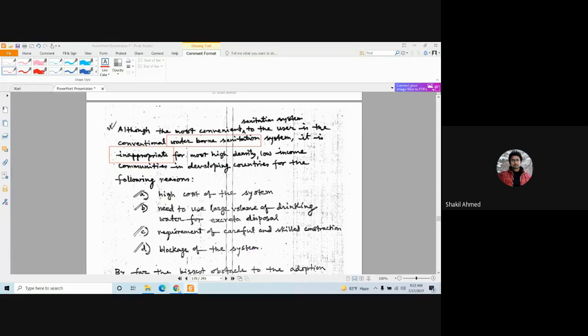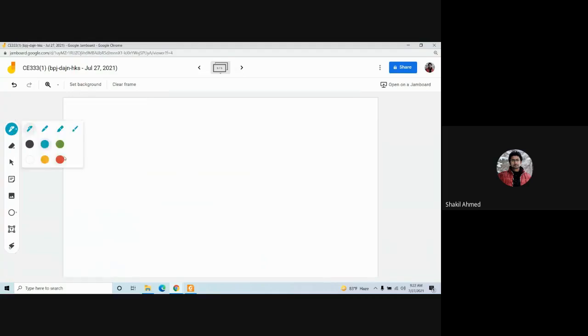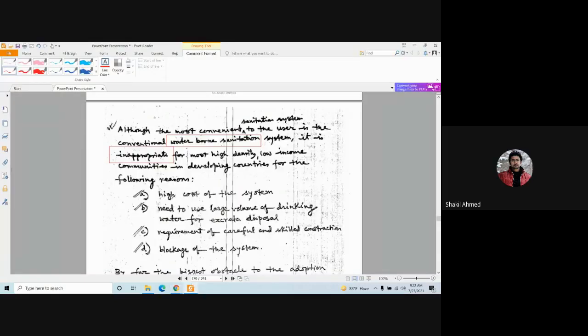The conventional sewer system that we discussed in the last lecture, the sewer network, right? This often involves high cost and needs a large volume of water for excreta disposal, human waste disposal. Because in the toilet you flush a lot of water, am I right?